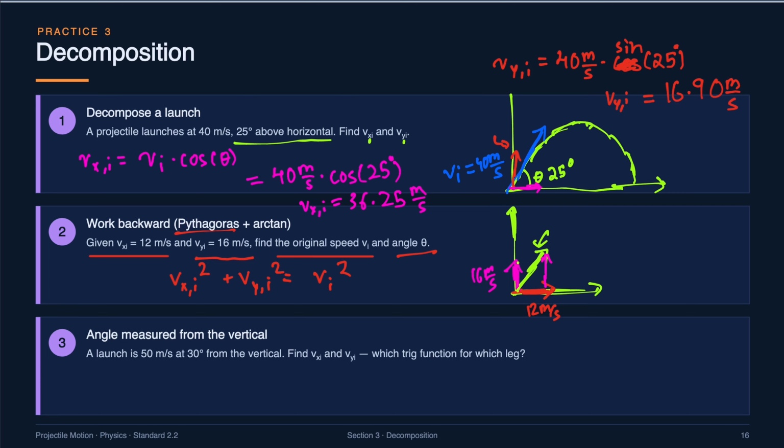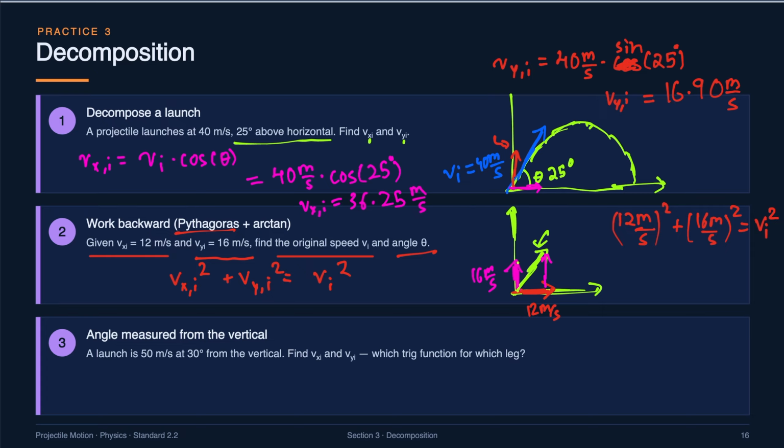So you do 12 meter per second squared plus velocity y initial 16 meter per second squared is equal to velocity initial squared, which we don't know yet.